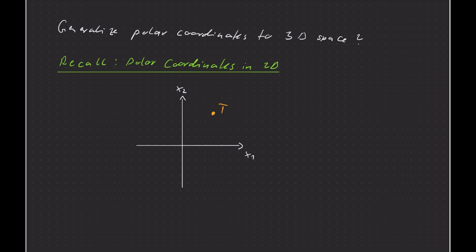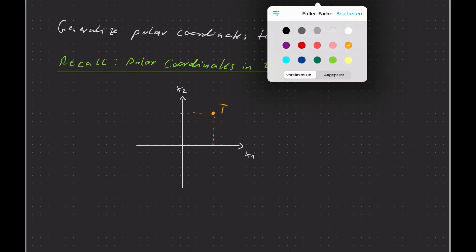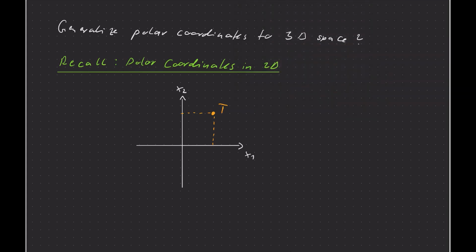Let's call that T. Usually you would describe T by means of x1 and x2, so just specifying these two coordinates. Now with a polar coordinate system, instead of specifying the Cartesian coordinates, you specify the distance of that point from the origin, and we call this the radius rho.